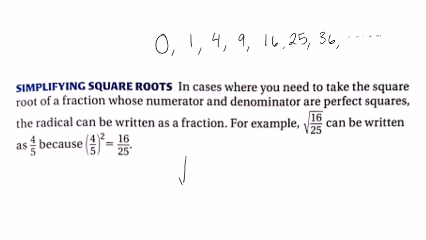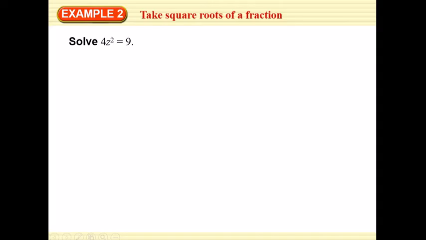So when we have the square root of 16 over 25, that's also equivalent to the square root of 16 over the square root of 25. You can break it apart into those two pieces and get 4/5. If we can break it down, we absolutely want to break it down to get those smaller numbers.